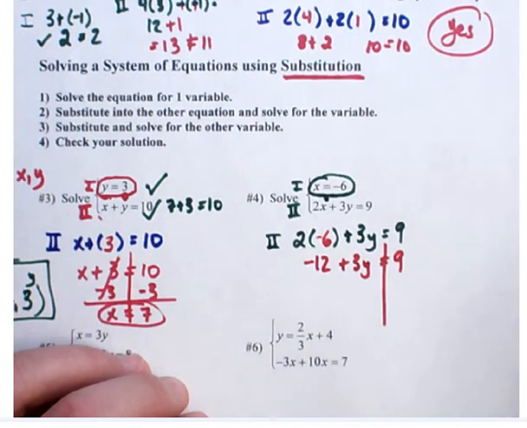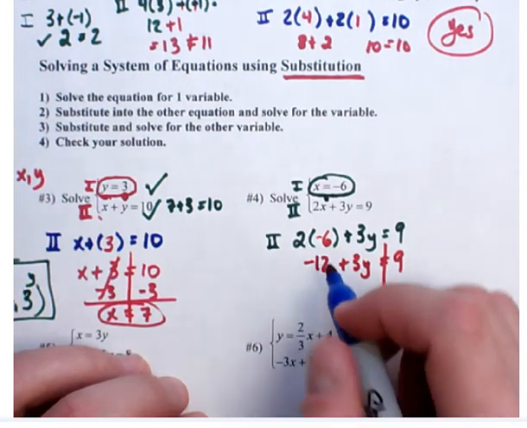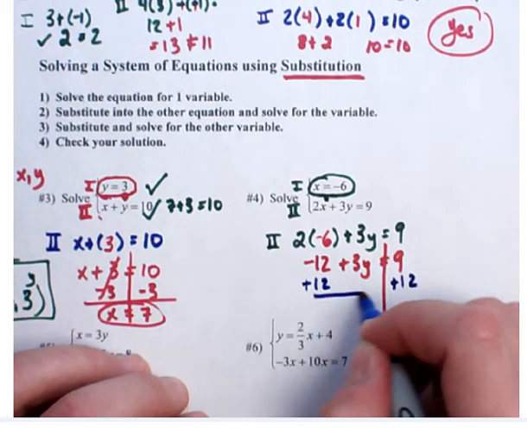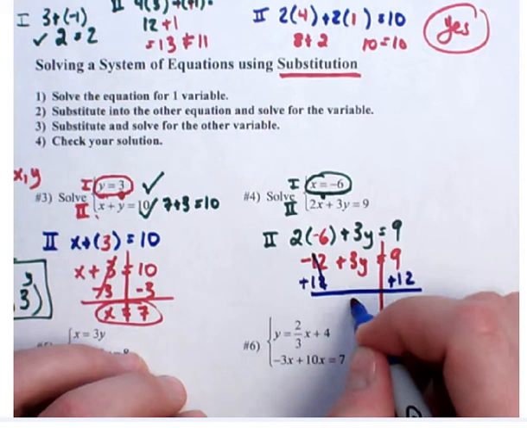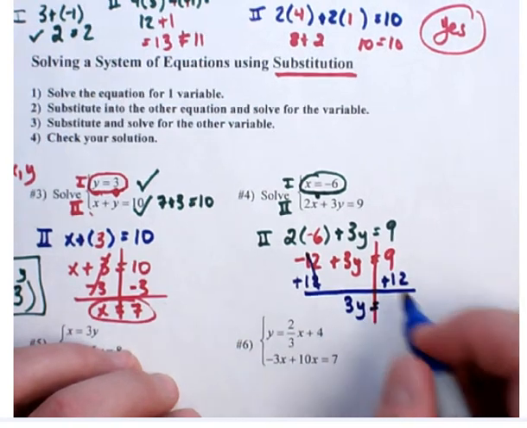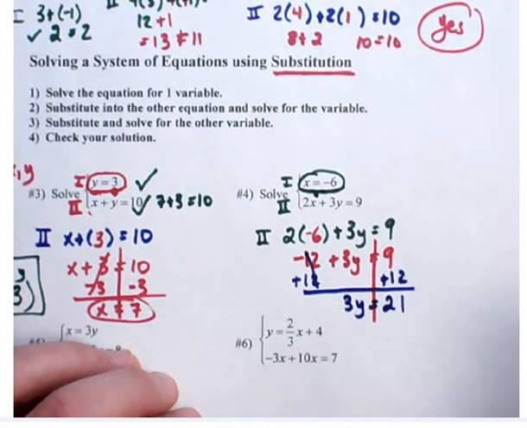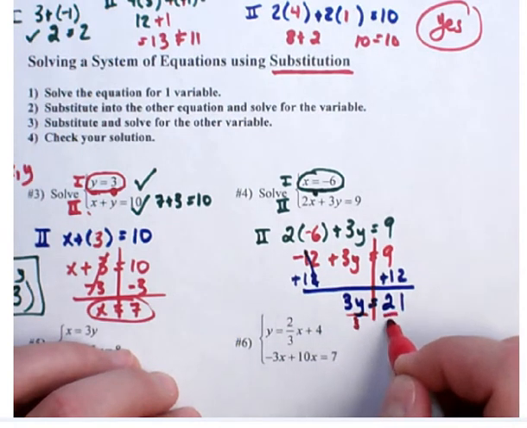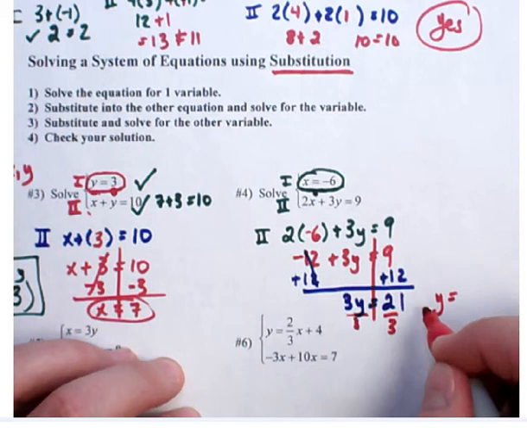Let's move the constant, -12. To move this negative constant, we add 12 on both sides. So we get 3y equals 9 plus 12 is 21. One more step. This is 3 times y. We need to divide by 3 to undo that. Y equals 7.